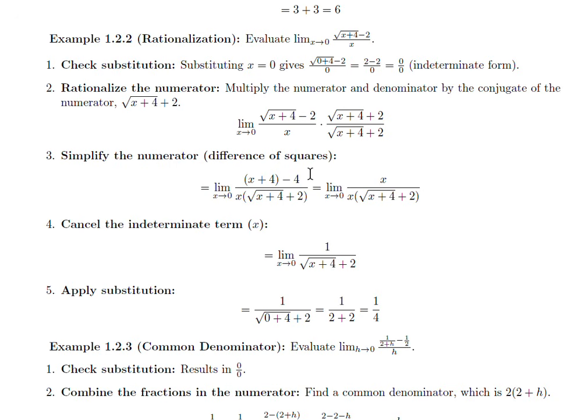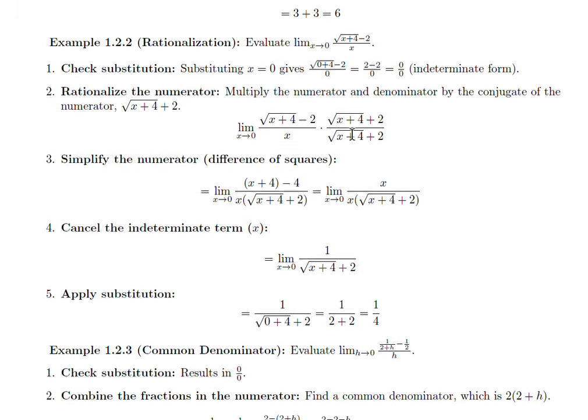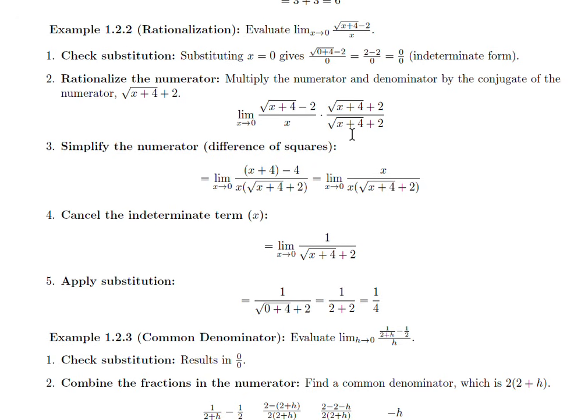Conjugate simply means changing the sign between two terms in the binomial, and when we do that, that is multiplying by the conjugate over the conjugate. Of course, conjugate over conjugate is just simply 1. Any number divided by itself is 1. So it's not really like we're changing anything, but we need this expansion to be able to represent our original problem so that we can apply direct substitution again and hopefully get a defined result.